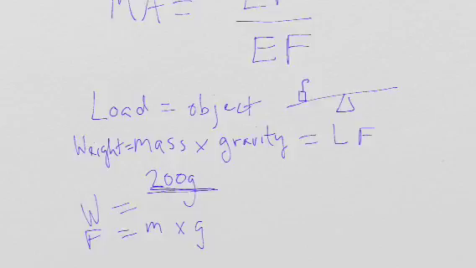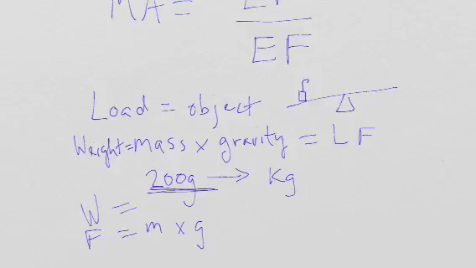So all of the stuff that we've learned so far is coming into play here. Okay, this mass has to be converted to kilograms. And we know that kilo means 1,000. There are 1,000 grams in 1 kilogram.